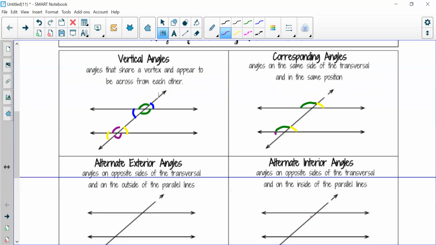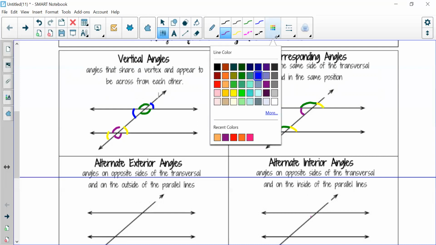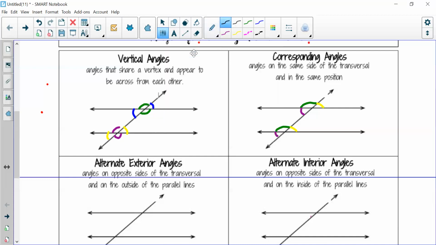These two purple angles correspond to each other. Okay, it's not letting me be gray, so I'll just use black. Okay, and those two angles correspond to each other.